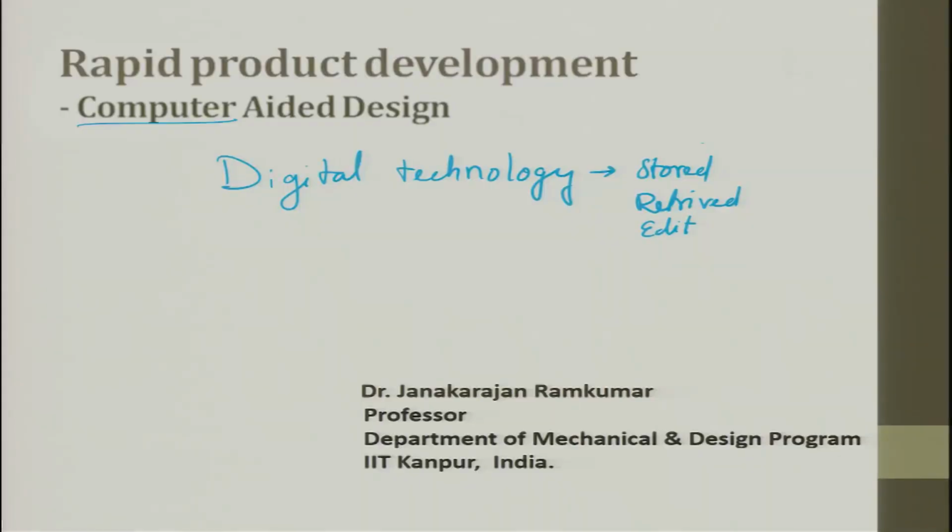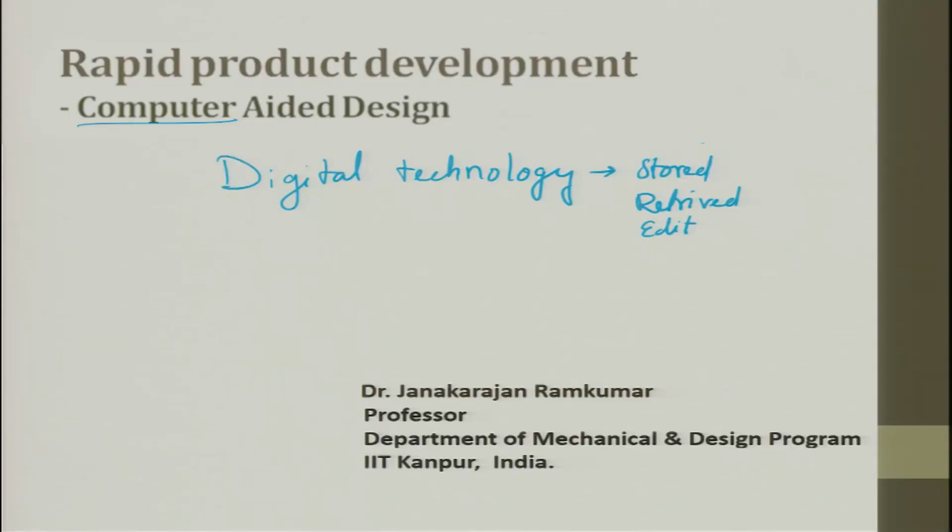When we talk about engineers, the language is drawing. So initially, software was developed for drafting on these computers, and later came the additional knowledge which we started doing on analysis and optimization. So, today it has become computer aided design, and the same data could be used for manufacturing.